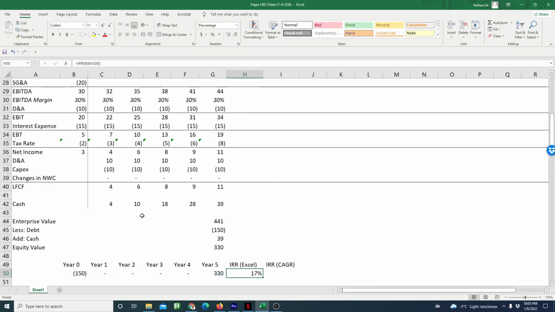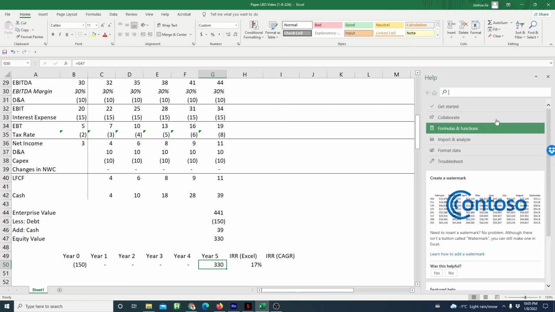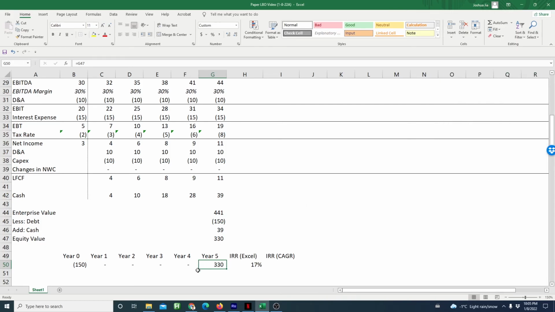And you'll see this makes sense, by the way, because if it doubles, it's 15%. If it triples, it's 25%. If it goes up by 1.5 times, then it's 20%. So this makes sense because it's just a little bit more than 15%, which reflects the fact that it's a bit more than doubled.